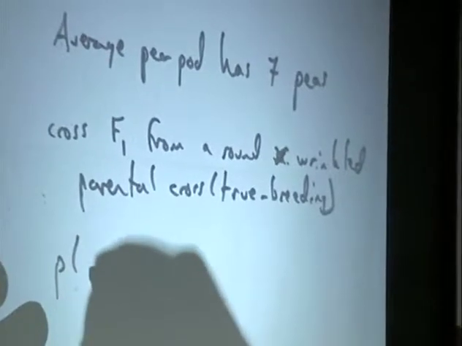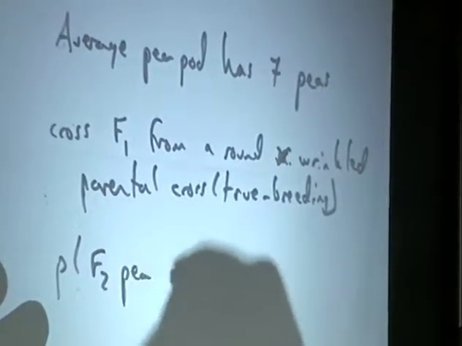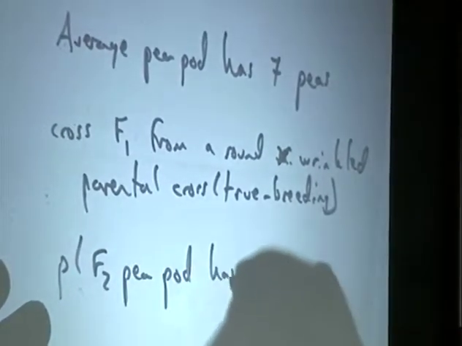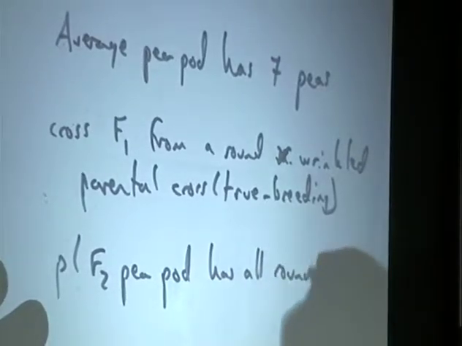What's the probability that an F2 pea pod has all round peas?